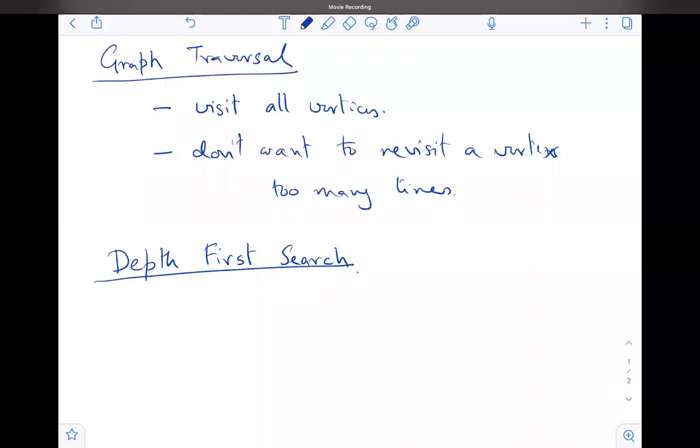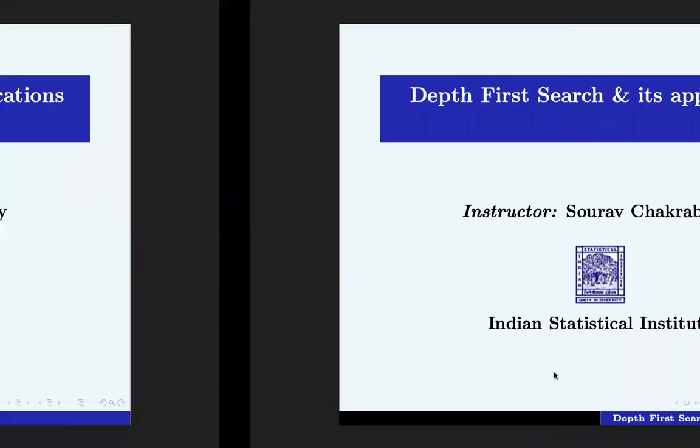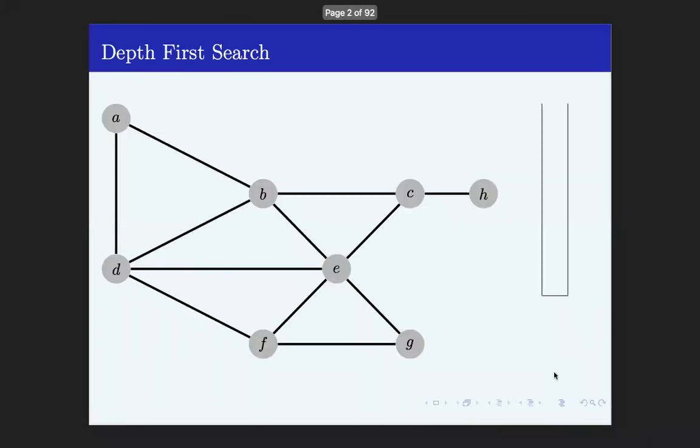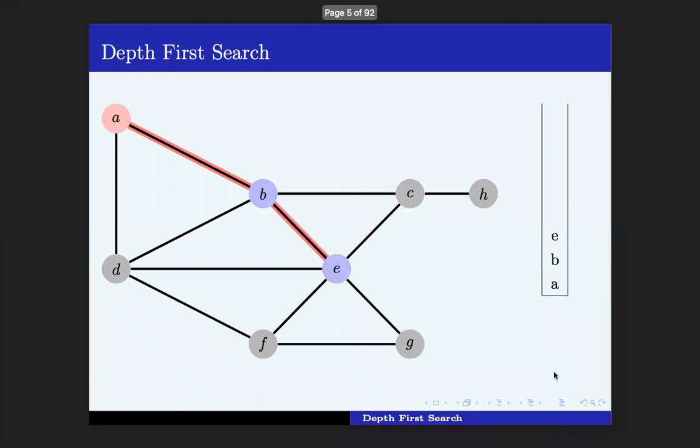Then you retrace back one vertex and check whether you can go anywhere else. So this was the DFS thing. You keep on going as far as you can, and when you get stuck, you go back to the previous vertex, which in this case was C, and see whether you can go anywhere else.